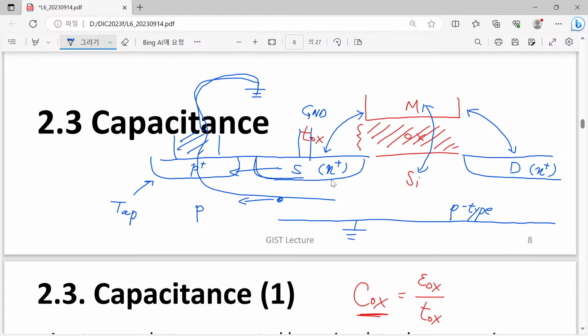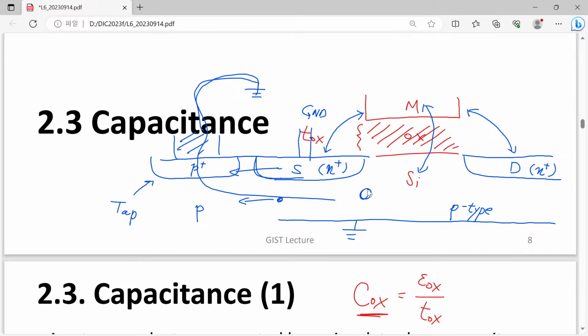In this case, what is the voltage difference between source and p-type substrate? That is 0. So we can say that between source and substrate, the applied voltage is 0. Of course, sometimes the source voltage can be elevated. However, in this simple case where source is grounded, then this is 0.